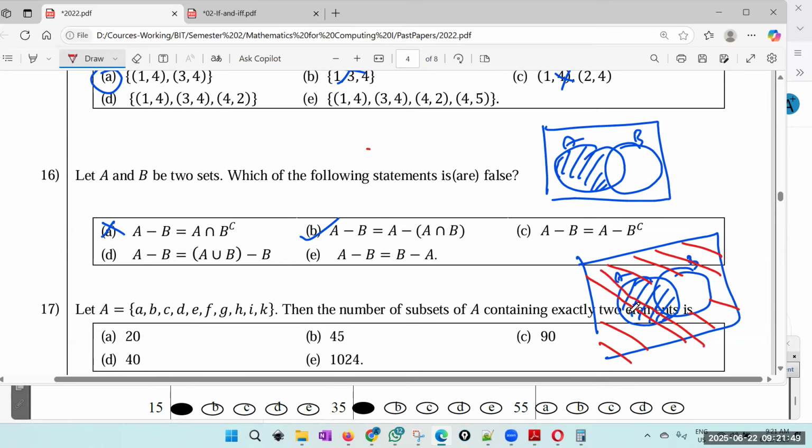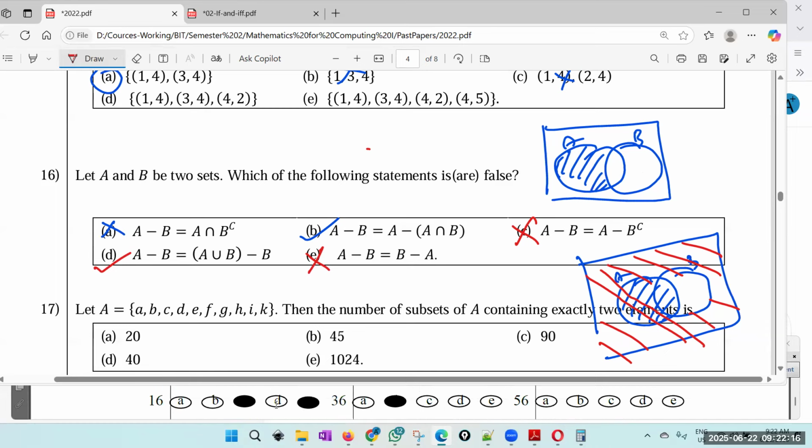So the red part must be removed from the blue part. So therefore, this is not the answer. So what about this? A union B is this part. From there, you get rid of B. That is correct. So when you get rid of B from A union B, you get this blue line. This is correct. A minus B is not B minus A because B minus A is this. So the answers are B and D.